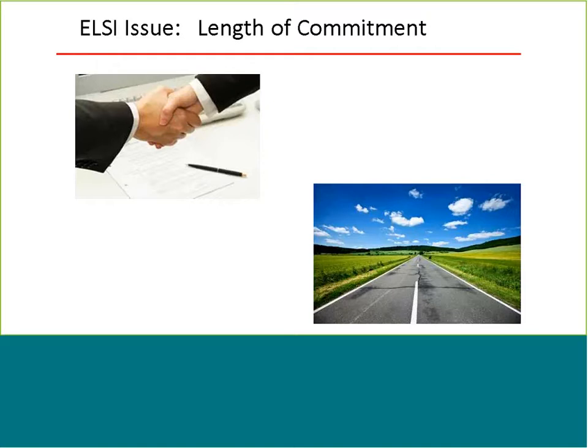And then finally, the other issue you want to keep in mind is informed consent. It's kind of a contract between the investigator and the study participants, and you have to decide how long that commitment is. You're going to be potentially interested in these people for many, many years.